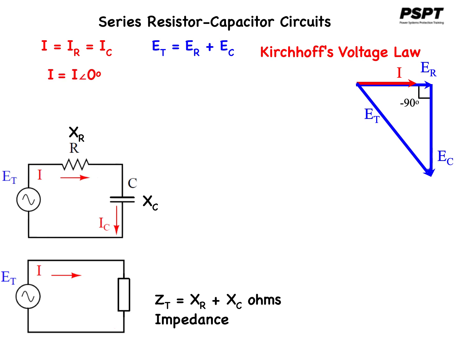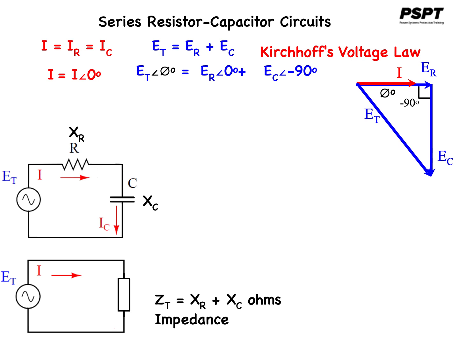I'm going to rewrite the equation in polar notation. And I'm going to let the current be our reference phasor. In other words, the current I'm setting at 0 degrees, and all other phasors will be referenced to our current phasor.